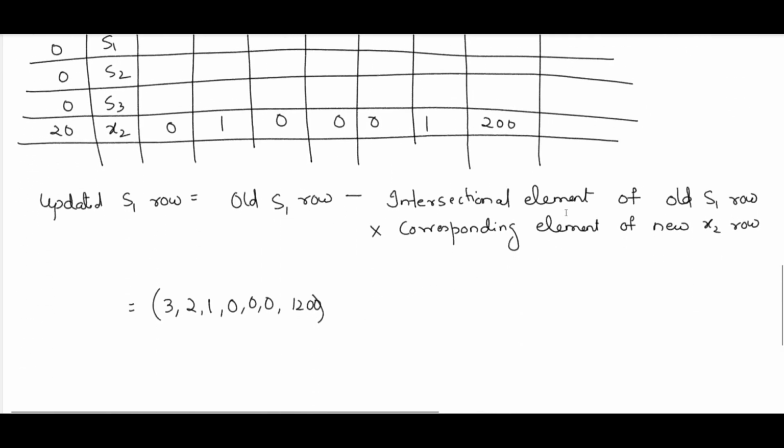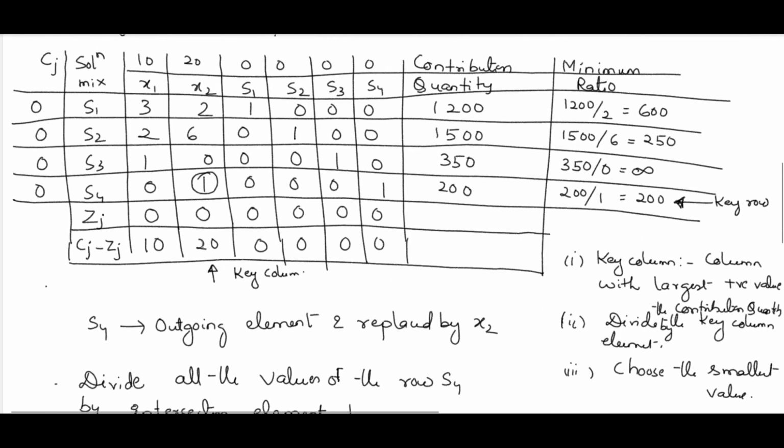Old S1 row minus the intersection element of the old S1 row. What is the intersection element of this row? It is 2. Starting from your key column, this 2 is the intersectional element of row S1, 6 is the intersectional element of row S2, and 0 is the intersection element of row S3.